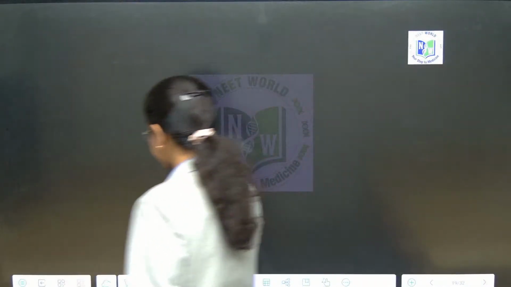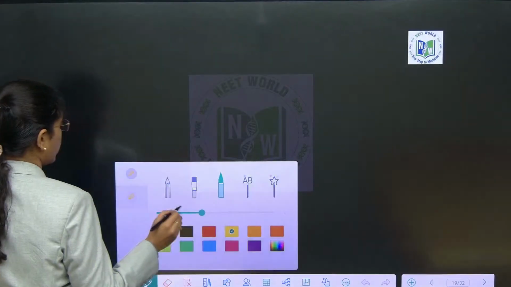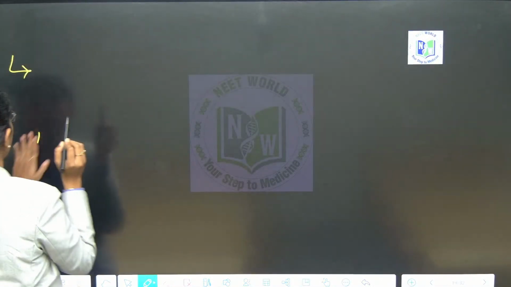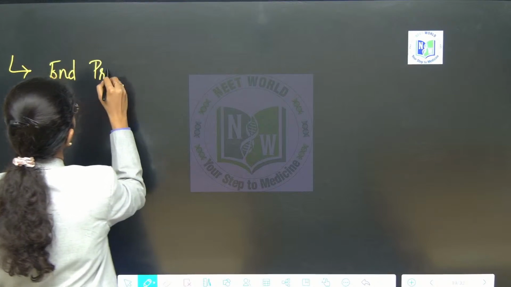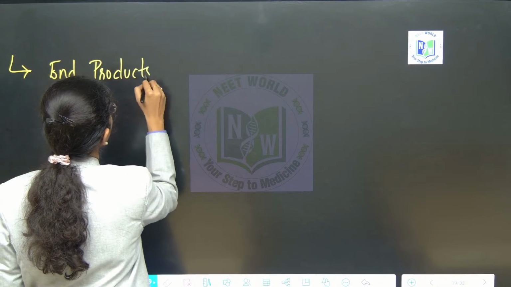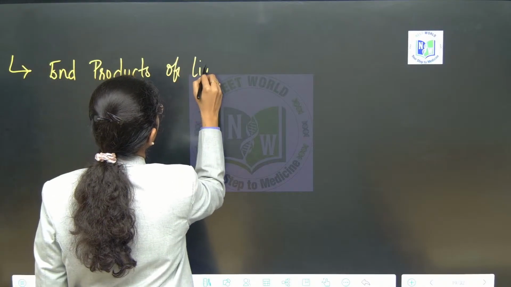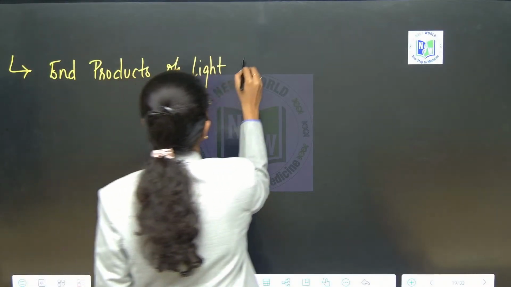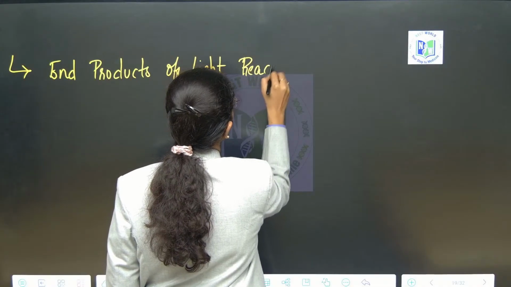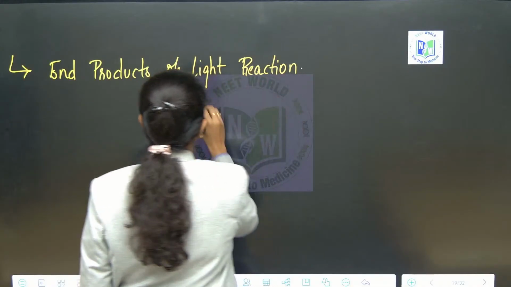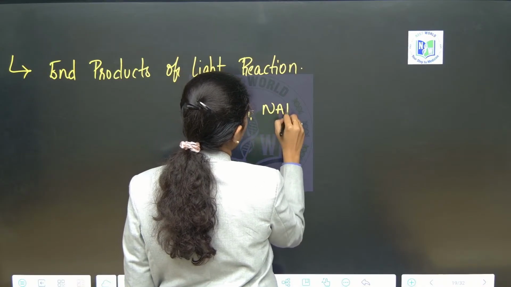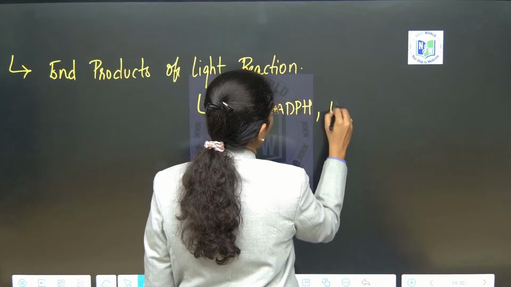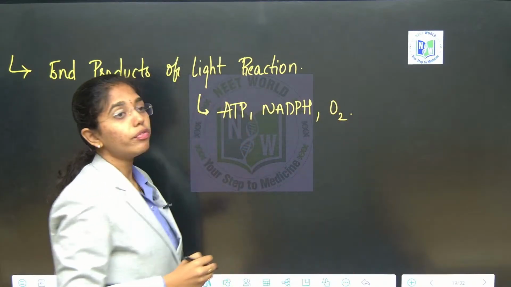Now, what are the end products of light reaction? Here we go with the end products of light reaction. They include ATP and NADPH, which are the assimilatory power, and oxygen which is evolved due to photolysis of water.